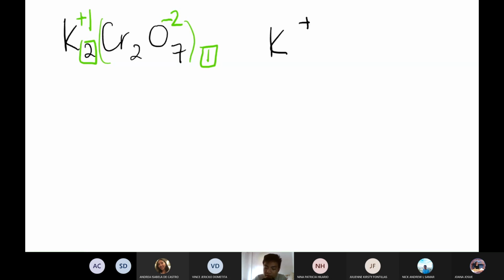So our ions are K plus and Cr2O7 negative 2. Okay? So ganun lang. Again, hindi yung 7 yung ililipat mo sa kabila. This is a polyatomic ion eh.